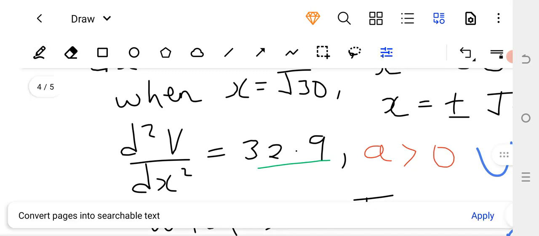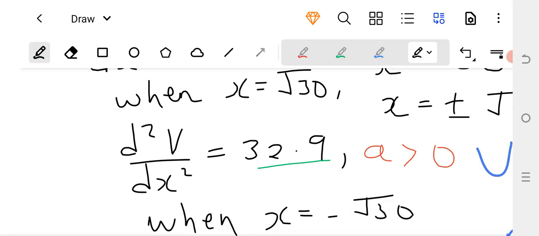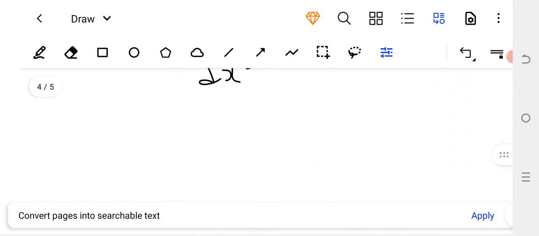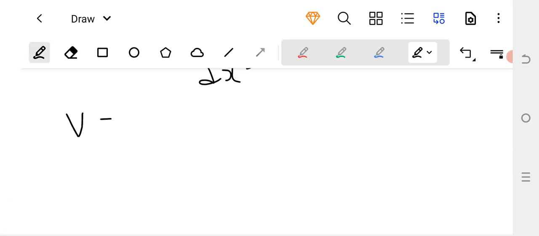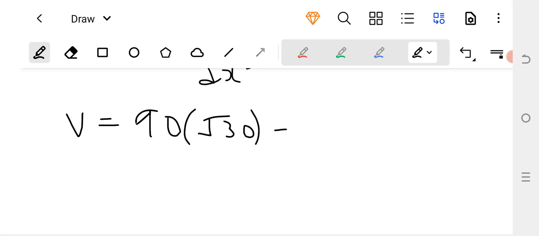So let's go back to black ink. We know what our value of V is. What is our V? V is equal to 90 times x, this is positive square root of 30, minus square root of 30, which has to be cubed, because it was 90x minus x cubed.